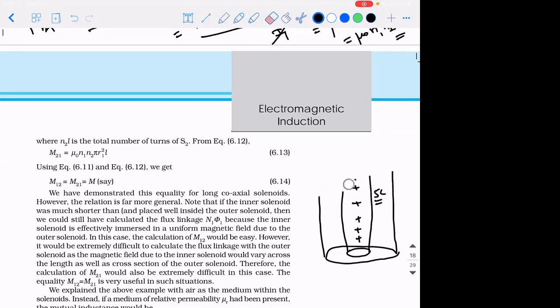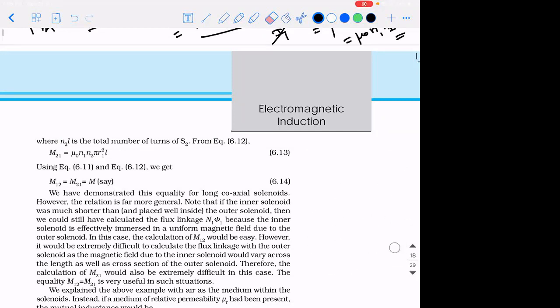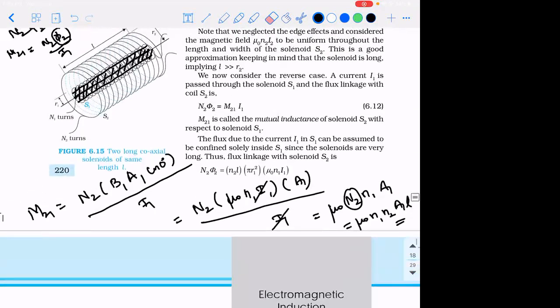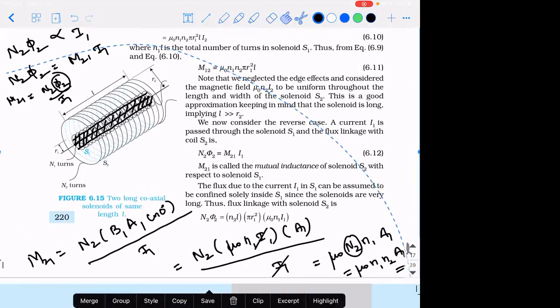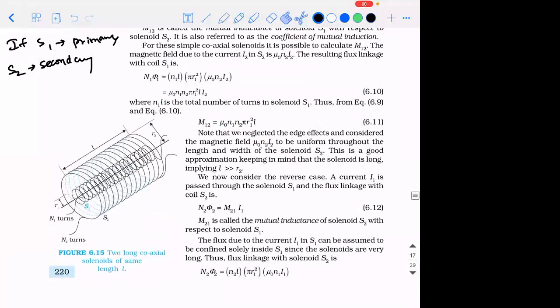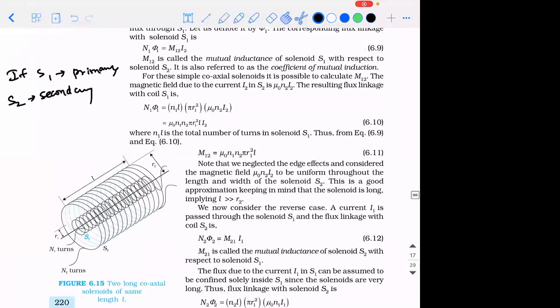Now see. The second one is even more tricky. We did M21, now it is M12. Now I'm making S2 the primary and S1 the secondary.